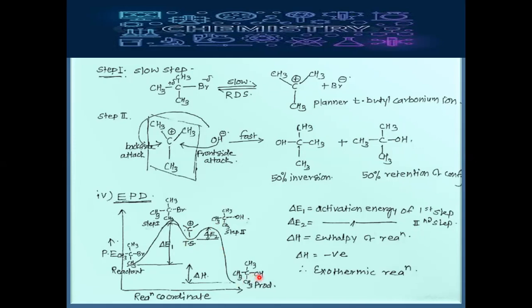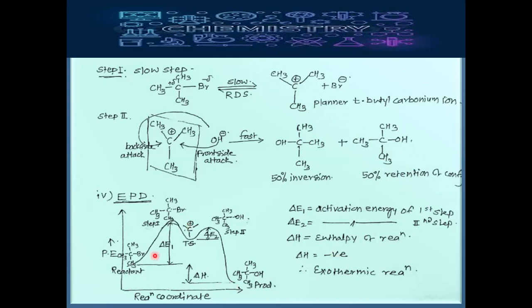So in these terms, delta H, delta E1 and delta E2. What is delta H? The enthalpy of the reaction, that is, the energy of product minus the energy of reactant. This is delta H. It also comes out negative, because the product has less energy, so energy of product minus energy of reactant is negative.